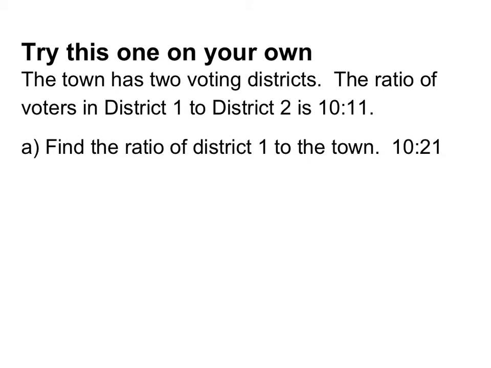Okay, so first you need to find the ratio of District 1 to the town. So we need to figure out what the town is. District 1 was 10 and District 2 was 11, and you were told there were only 2 voting districts. So that takes care of the entire town. For every 10 people in District 1, there are 11 people in District 2, which means for every 10 people in District 1, there are 21 in the town.